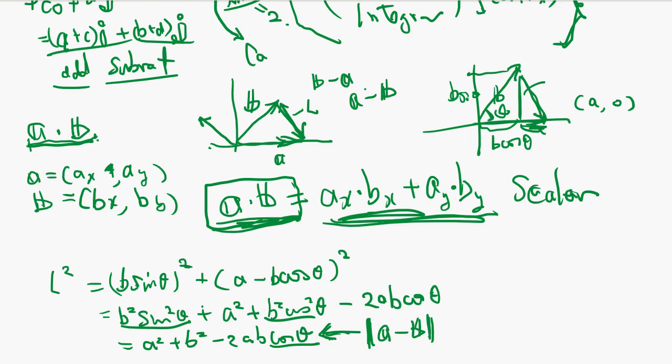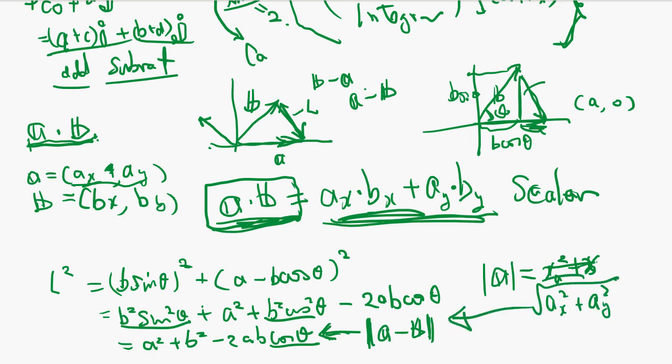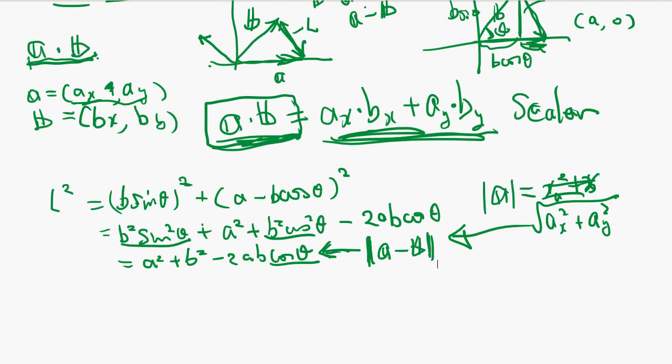The vector's absolute value is the square root of AX squared plus AY squared. So it's corresponding. So we can get geometric calculation using vectors. Okay.